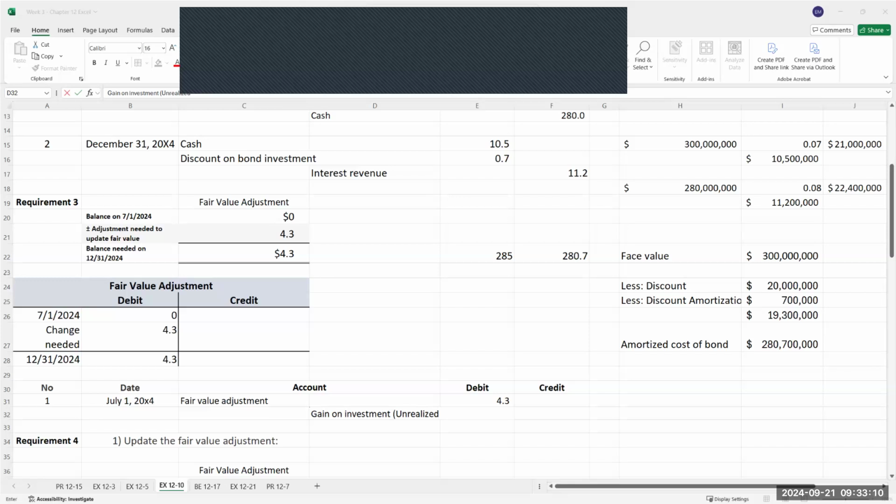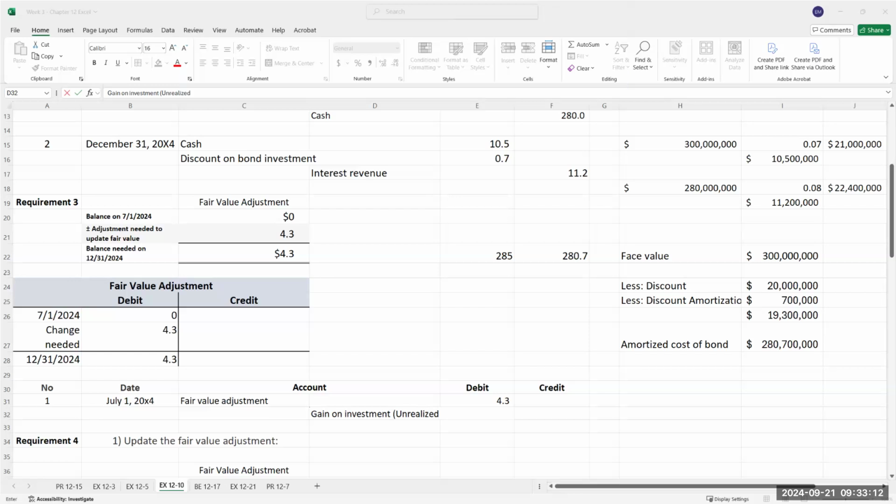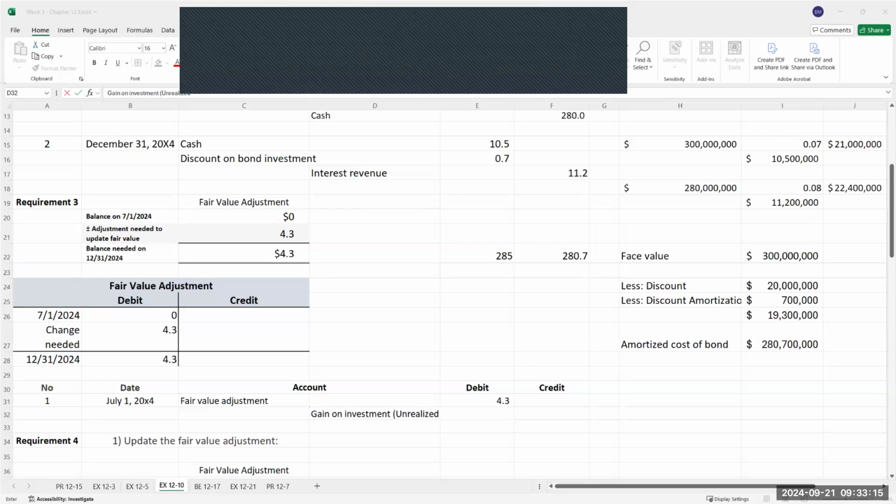All right. And keep in mind, one of the key differences is that in this example, we are looking at available for sale. And in the previous example, we were looking at trading securities. So there's a key thing for us to keep in mind as we are dealing with these different kinds of bonds. When we are dealing with this kind of bond, we are going to account for it as unrealized OCI, other comprehensive income.